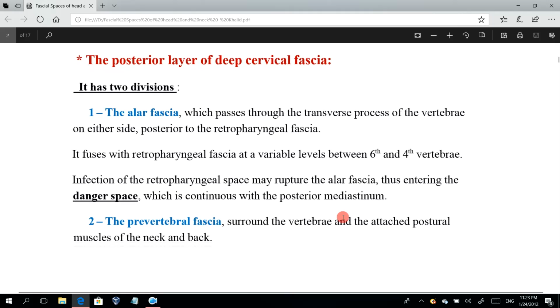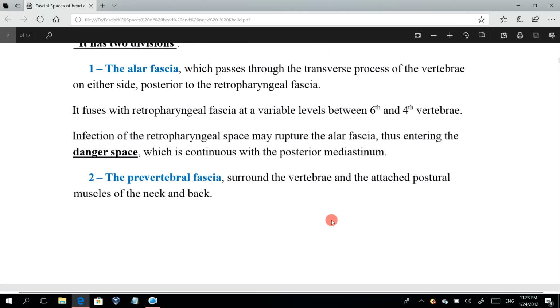The last layer is the prevertebral fascia, which surrounds the vertebrae and the attached postural muscles of the neck and back.